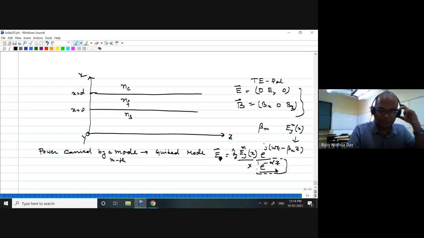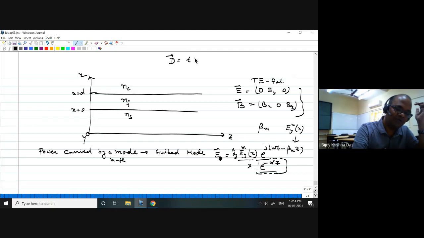That's a point. Whenever we discussed earlier, there is one thing we explained: D, the displacement vector, equal to epsilon E, right? And epsilon E is nothing but epsilon 0 times 1 plus chi, times E. Is that correct? Yes, sir.